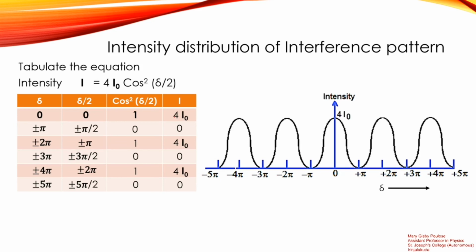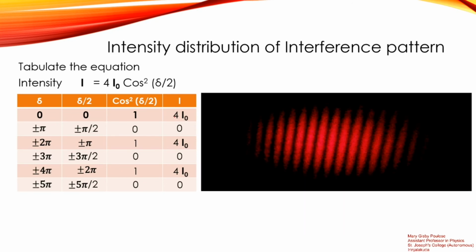Does it match with what we see in reality? Here, this is an example for the interference of light due to two light waves. And here again, we see that we have alternate bright and dark regions having equal widths that are equidistant from each other, right?